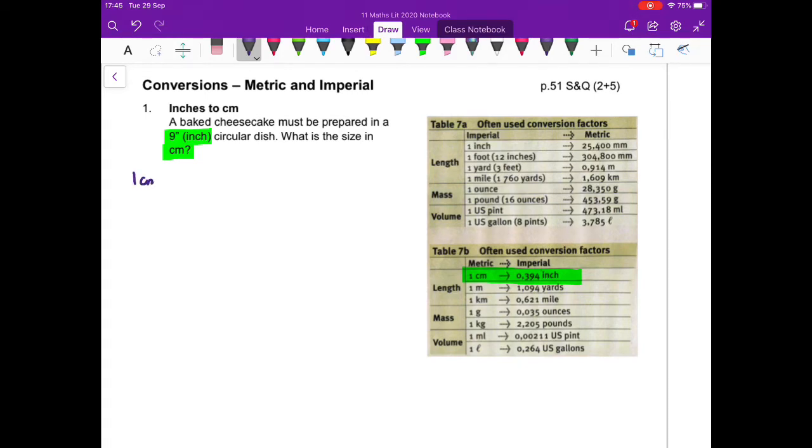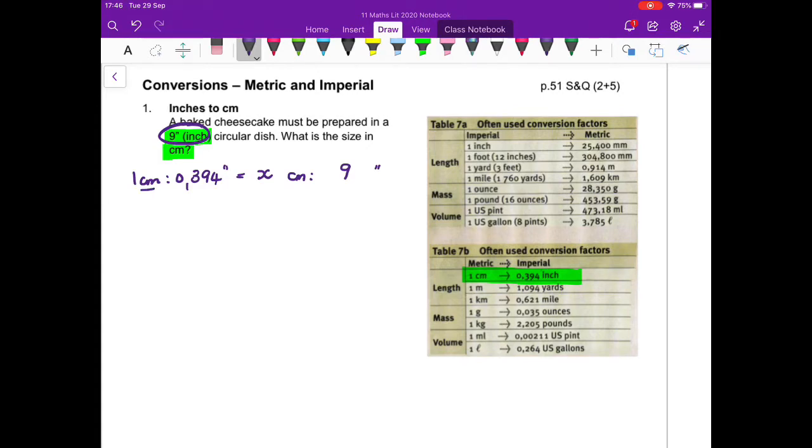So I'm going to use ratio in this one. 1 centimeter to 0.394 inches. That's the abbreviation for inches. And on this side, I've got to have centimeters to inches. I've got 9 inches that I have to find the equivalent for, so I'm going to have 9 inches there and X centimeters. Next thing I check, everything is in the same units.